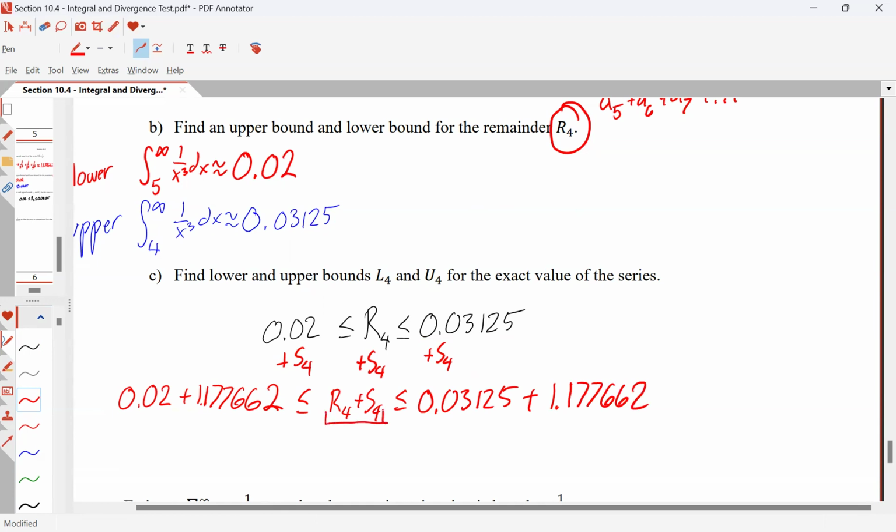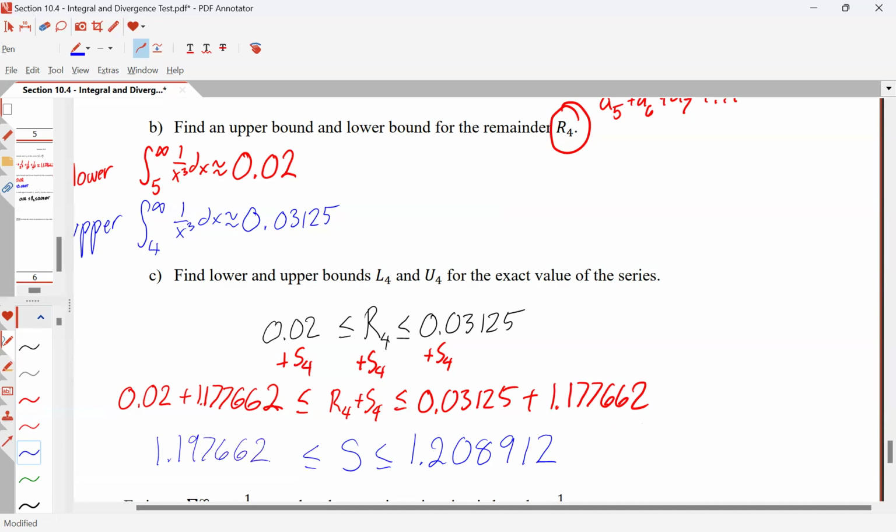And like we said, R4 plus S4 is the series. The series is between 1.20892, taking these two numbers and adding them together, and it's bigger than 1.197662.